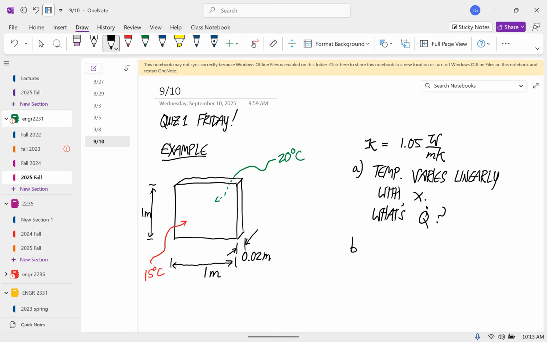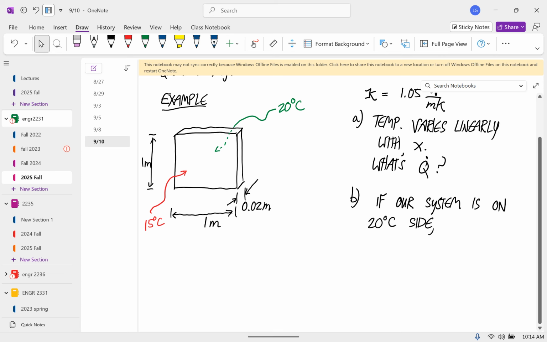And then second, we're going to think, if our system is on the 20-degree side, what's the Q dot we would use in the differential form of the first law?